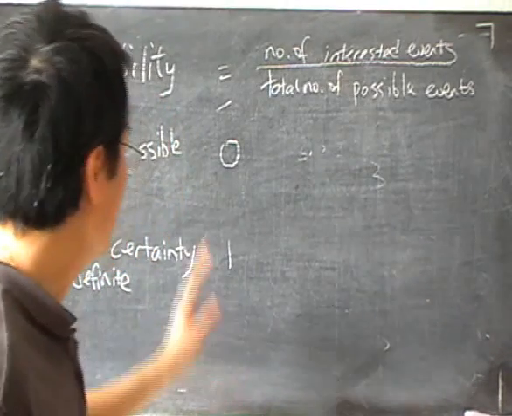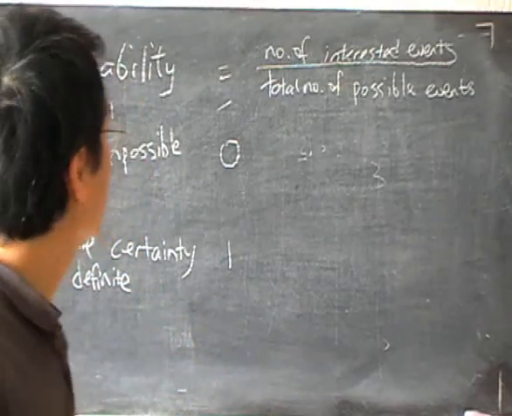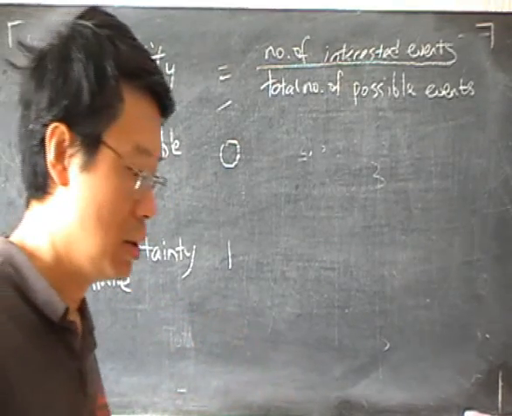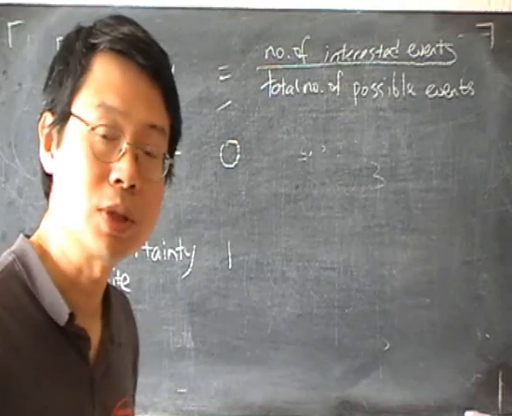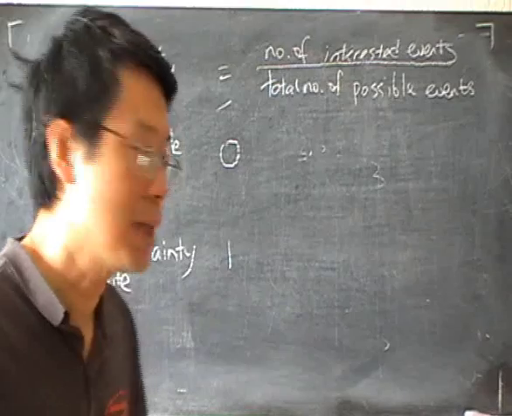So if you have a probability of 1, it will definitely happen. Like getting a number from 1 to 6 when you toss a die, because you can't get anything else, and you will definitely get one of them.